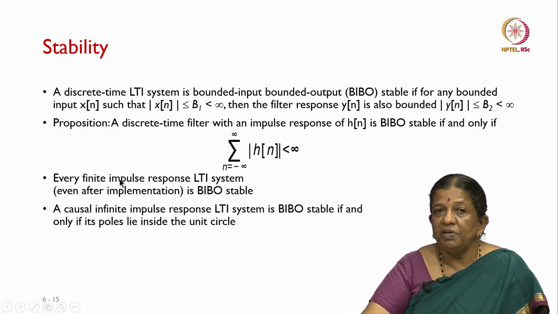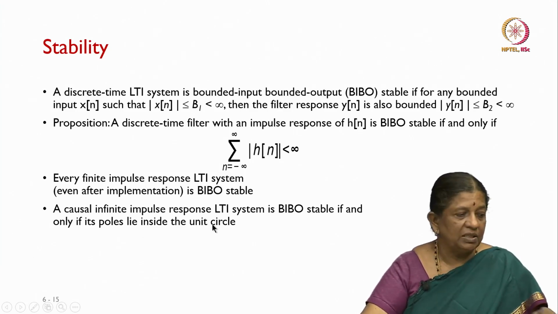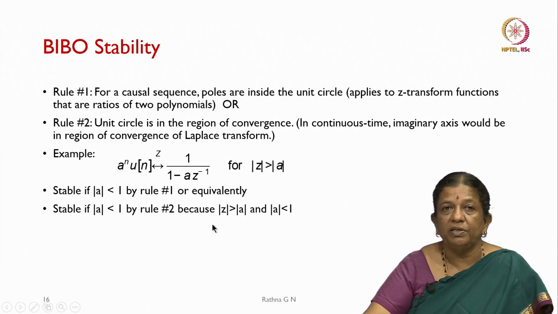So, we say every finite impulse response LTI system, even after implementation, is going to be bounded input, bounded output stable. So, we say a causal infinite impulse response LTI system is BIBO stable if and only if its poles lie inside the unit circle, that is the meaning of it.